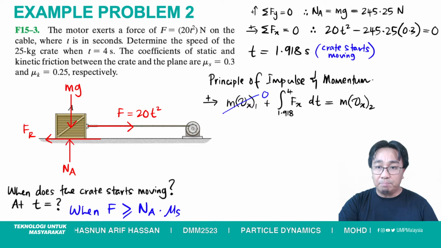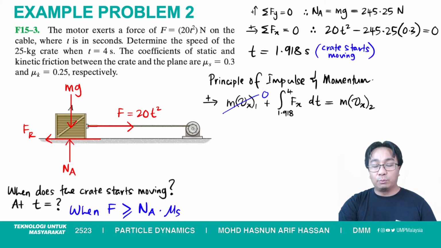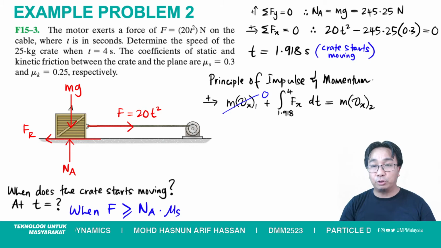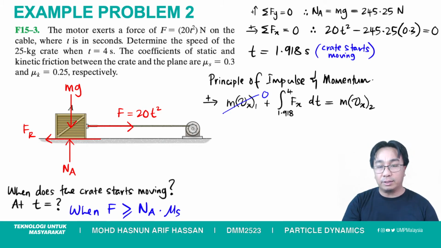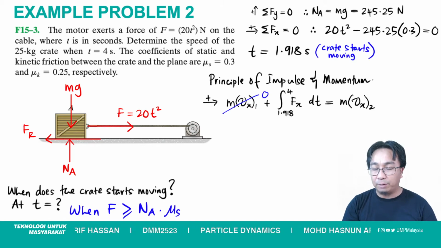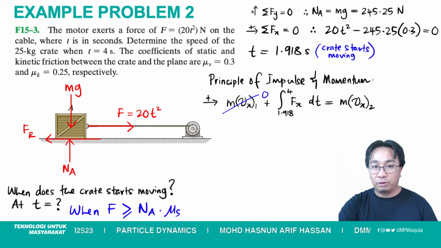Then the impulse is no longer an integration from 0 to 4, because we want to know the impulse during which the motion occurs. So the motion occurs from t equals 1.918 until 4. That will be the range of the integration.